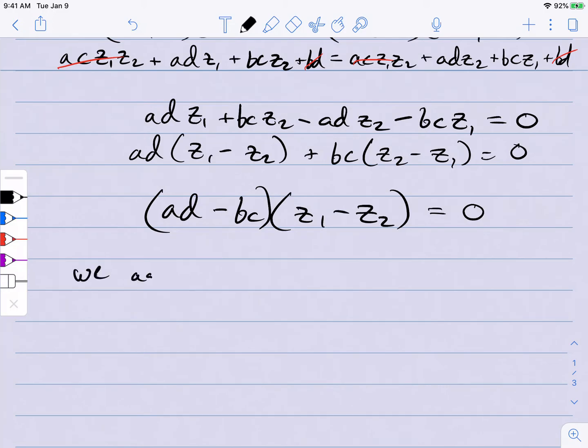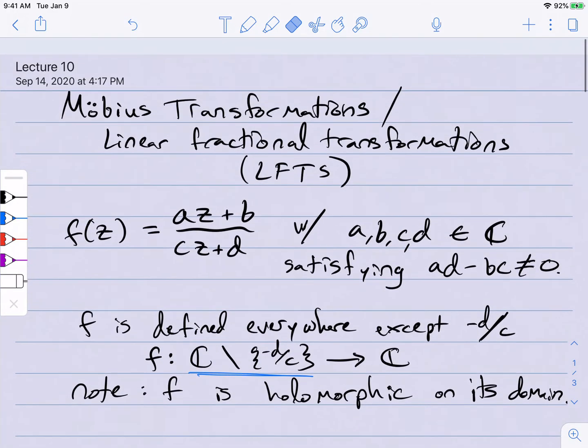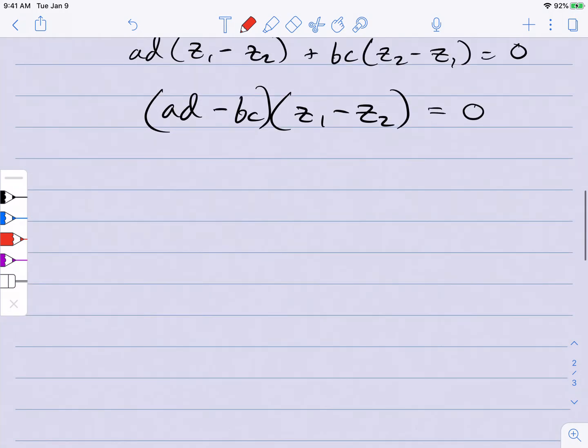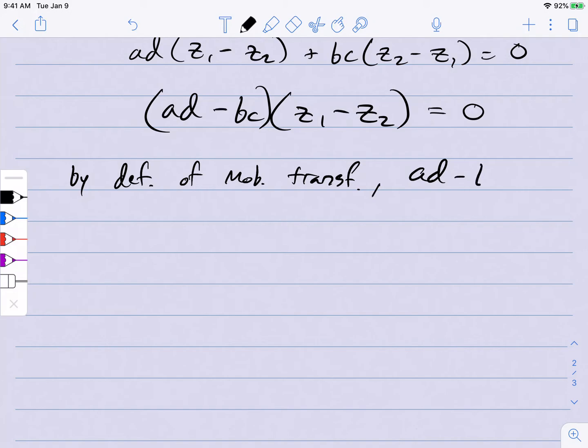And notice, because of our definition of a Mobius transformation, we always have this condition that a d minus b c is non-zero. So by the definition of a Mobius transformation, a d minus b c does not equal 0, which means I can divide out by it.